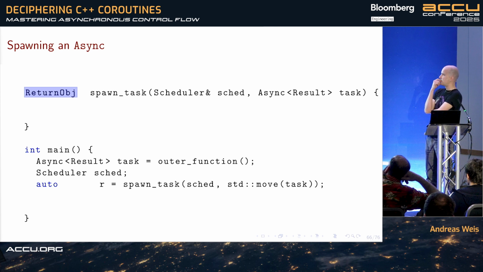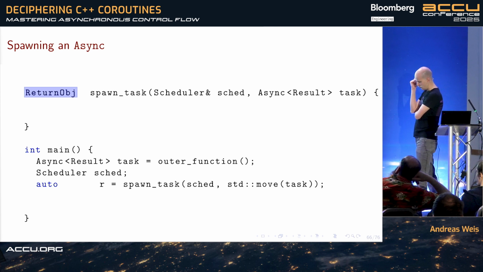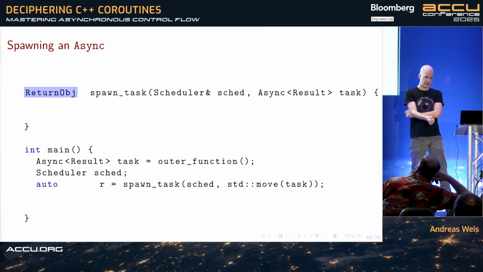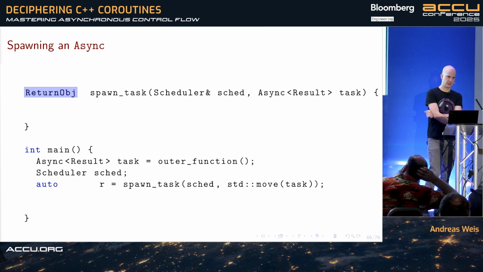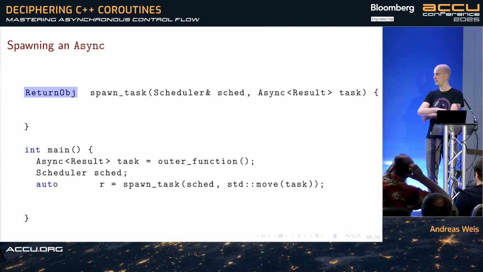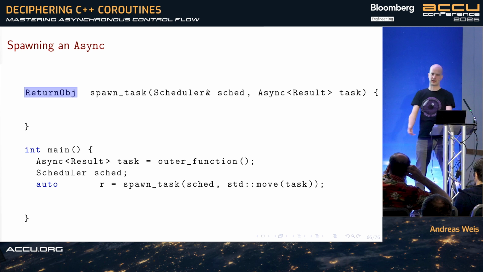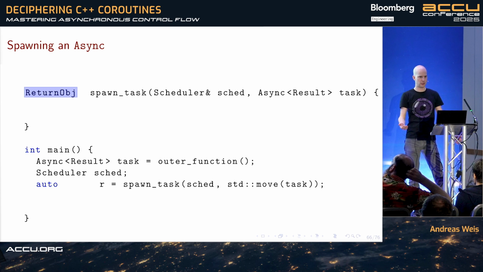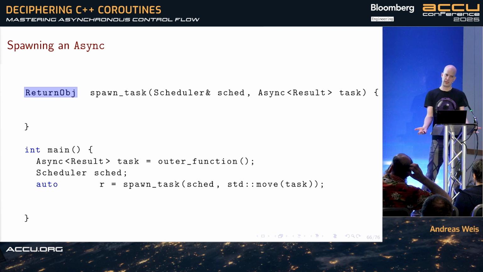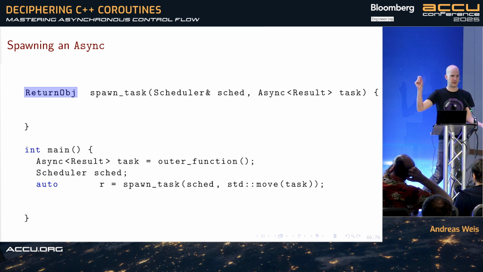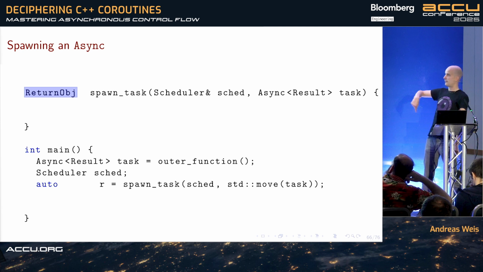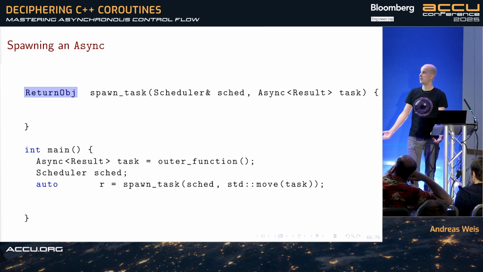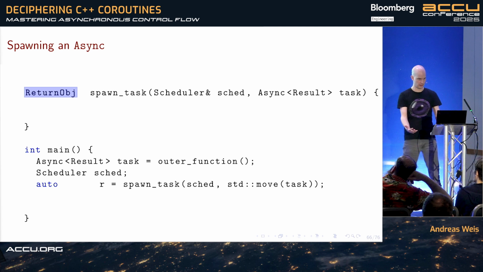What you will probably have realized by now is that the spawn task function will have to be a coroutine, right? Because the interface of the async object, like all of the things that you want to do with it, you need to call co-await on it at some point, and you can only call co-await if you're a coroutine. As soon as you write co-await in the body of a function, that function is a coroutine. So this return object from the spawn task function is a coroutine return object.